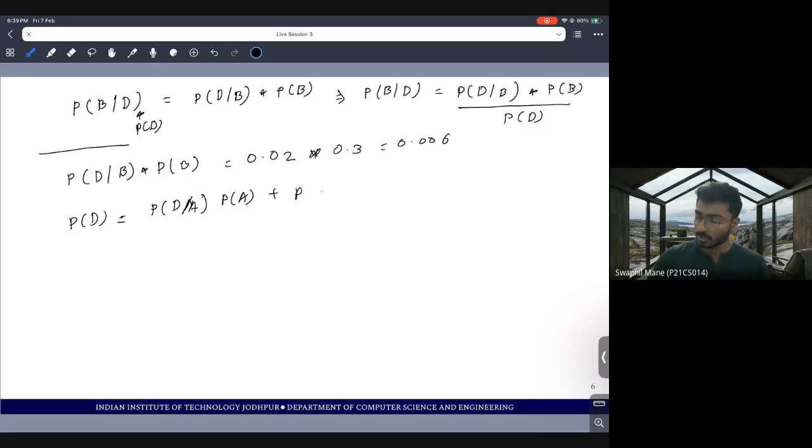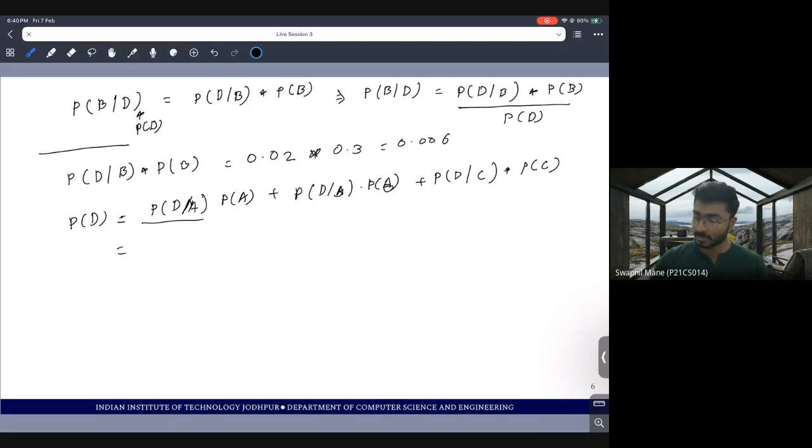So for all the companies we need the defective probability, given that it is supplied by company A, B, plus the probability of D given that it is supplied by company C. Here you put in these values.